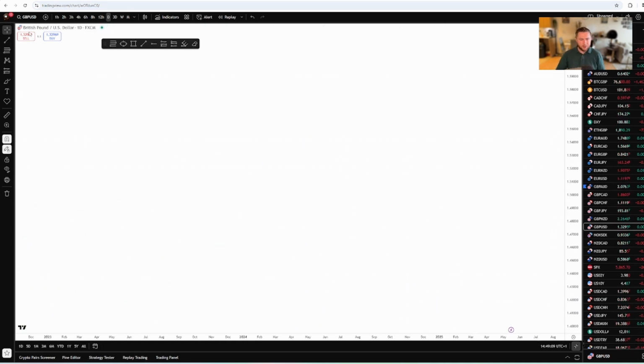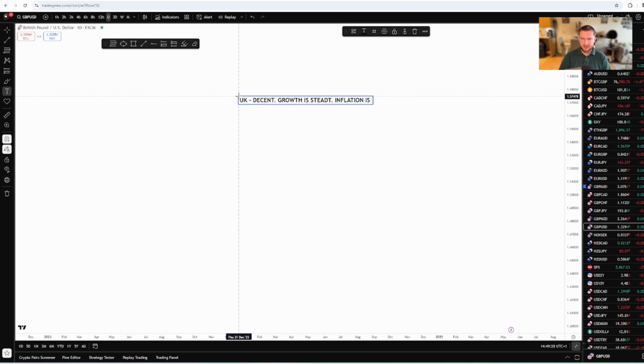So for example, if we know the data, let's say UK data is decent, growth is steady, inflation is sticky. Sticky means it just does, it's not coming down quick enough.